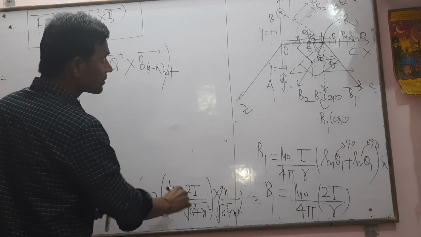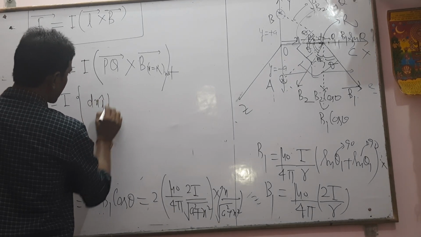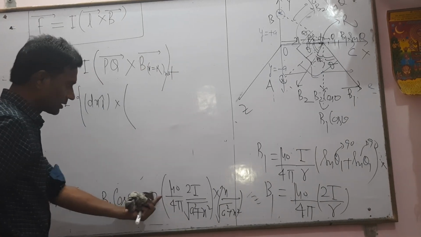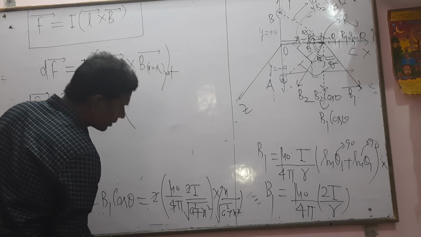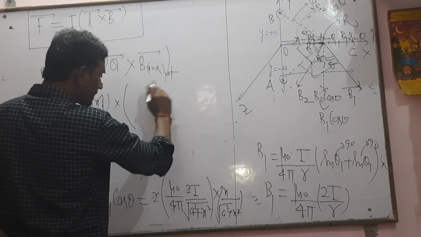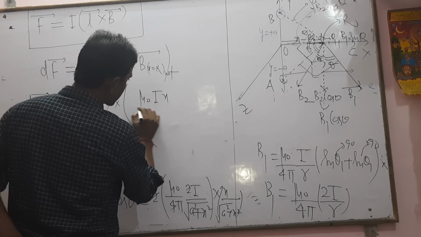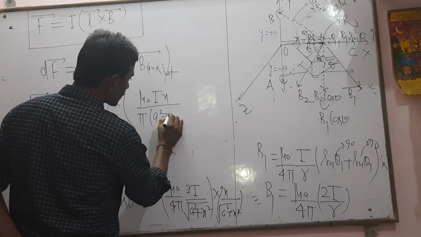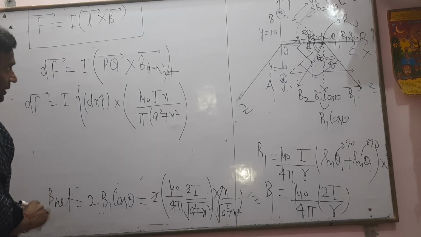PQ vector is what? PQ vector equals dx into i cap cross B net at x equals R. That value equals 2 into 2, 4, so 4 will be cancelled out. Implies that we can say mu naught into i into x divided by pi into a square plus x square, bracket close. So this will be the dF.